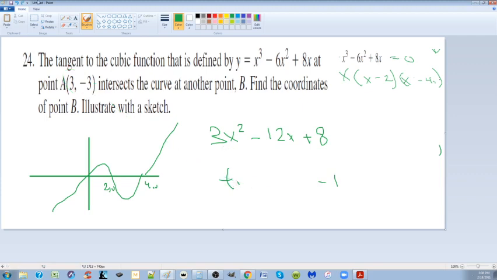So now I can do a line formula. y is equal to mx plus b, and I know the m is minus 1. And now I can figure out my b, because I have the point (3, -3).